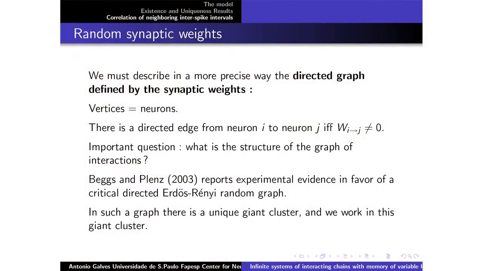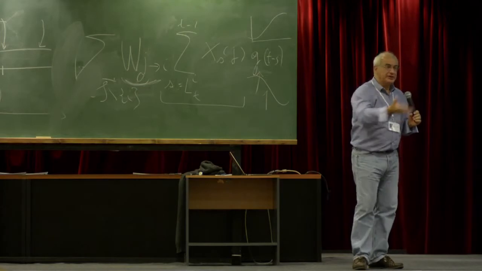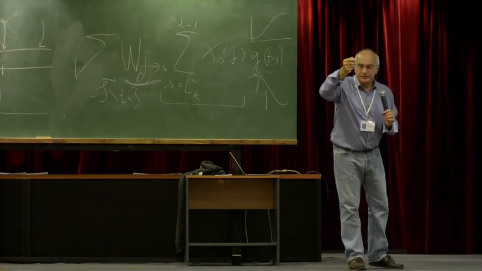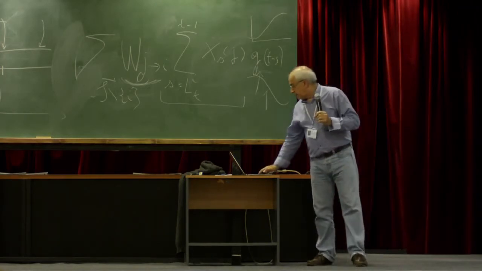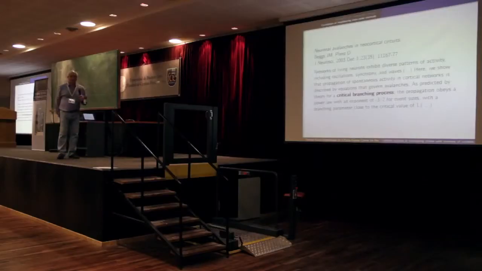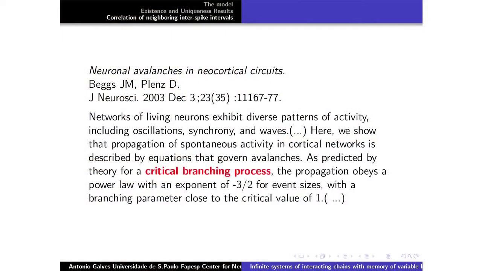The Erdös-Rényi random graph is locally a branching graph, and in the supercritical case it has just a giant component. So our goal is to be in this giant component. We will be slightly over the critical point. I'm quoting here the paper by Galves and Planck. You see, I put in red, they claim that they found a critical branching process. They claim. So let's do it to see what we get.